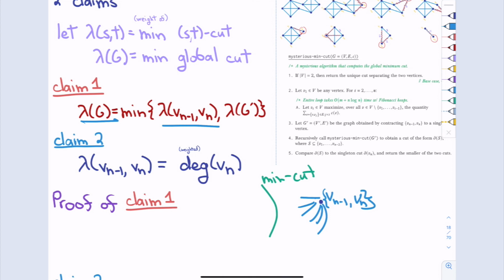It's still the same edges going across the middle. So if they're on the same side of the cut, it's okay to contract them. The cut won't change. If they're on opposite sides of the cut, then they are an ST pair that would give you the global minimum cut.